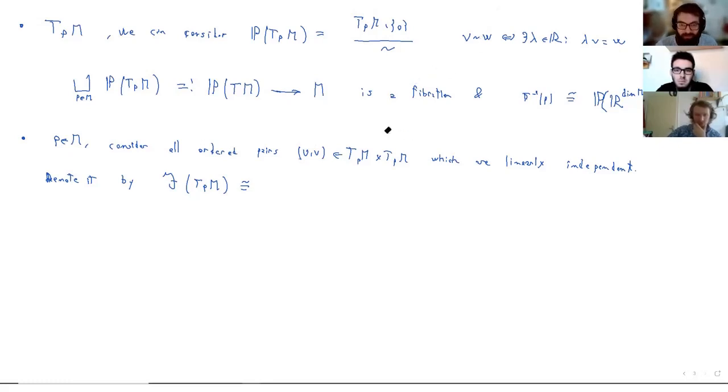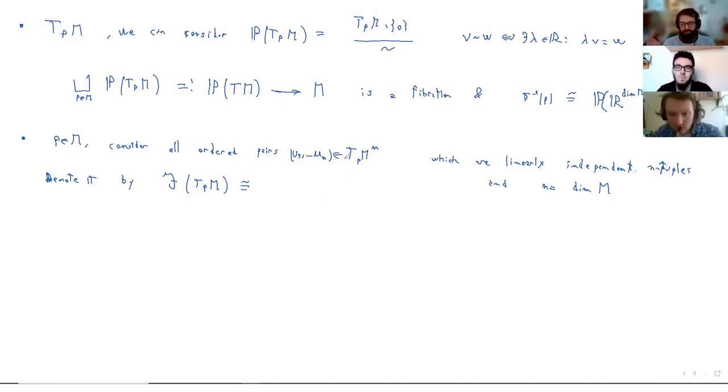So linearly independent n-tuples u_1, ..., u_n in T_pM to the n, which are linearly independent, and n is the dimension of M. Sorry about that. So what I'm really saying here is that this u_1, ..., u_n should be a basis for T_pM, okay? And so we have n vectors, they're linearly independent.